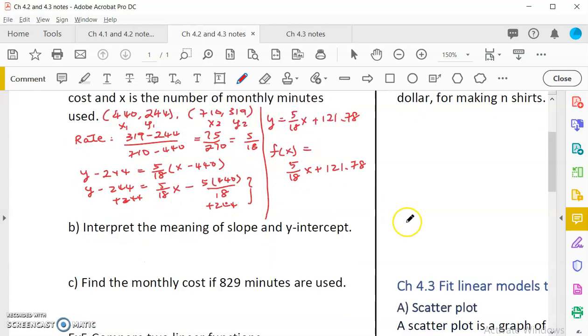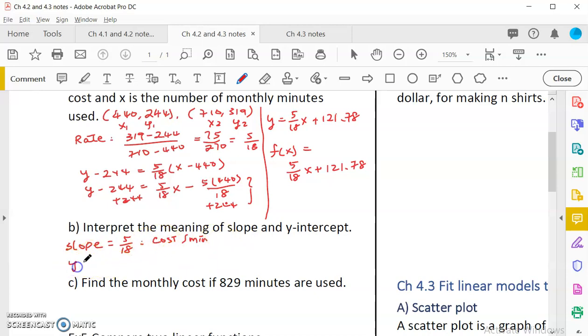Interpret the meaning of slope and y-intercept. Slope is the rate of change of cost per minute, right? So slope is cost per minute, how many dollars it is per minute.